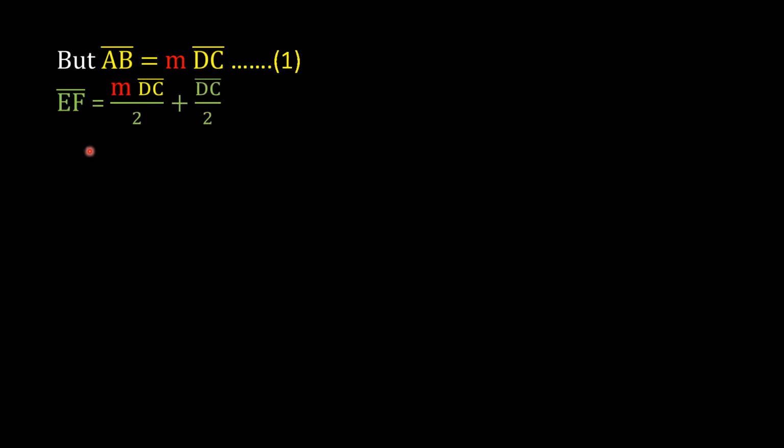But from equation 1 we have AB bar equals M times DC bar. So EF bar will be, putting M DC bar in place of AB bar, (M DC bar) by 2 plus DC bar by 2, which will be (M plus 1) by 2 times DC bar, which will mean EF bar is parallel to DC bar.